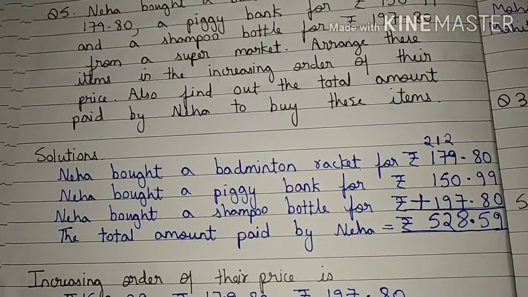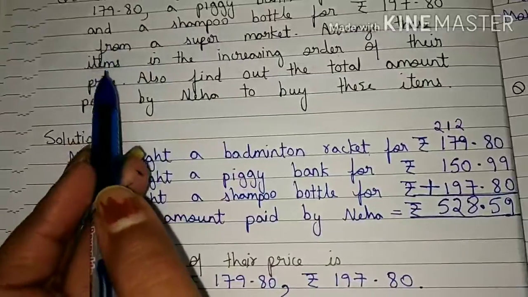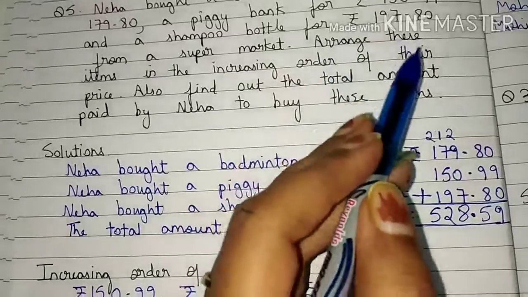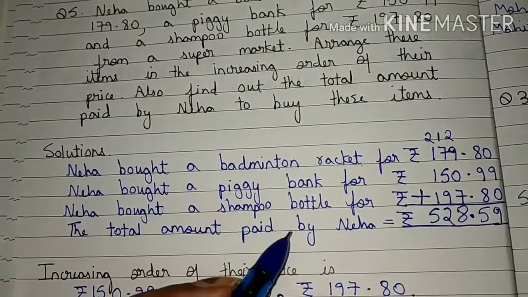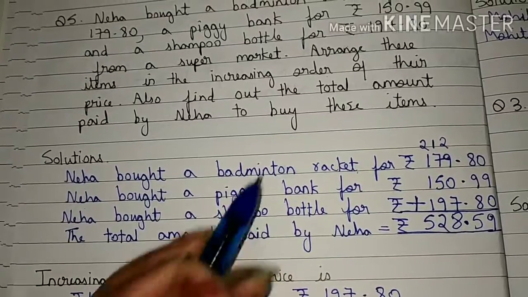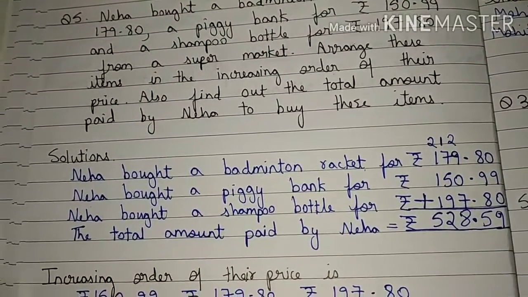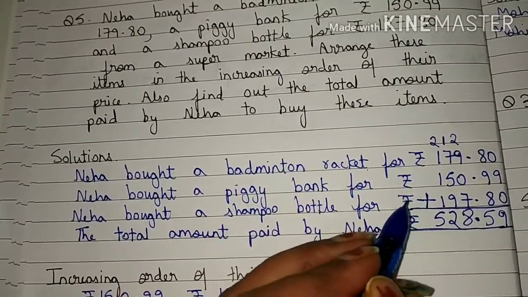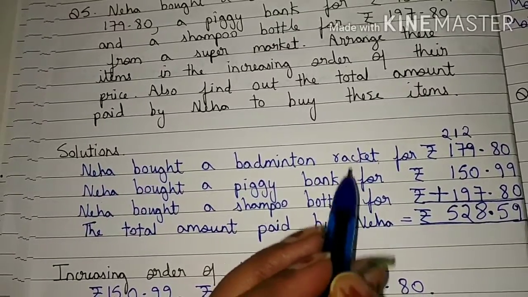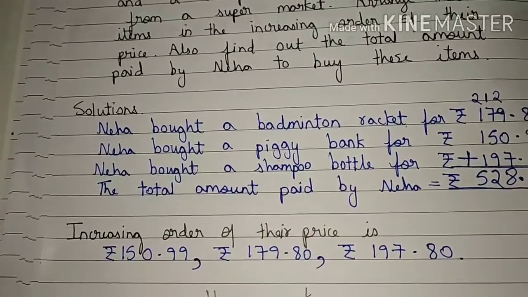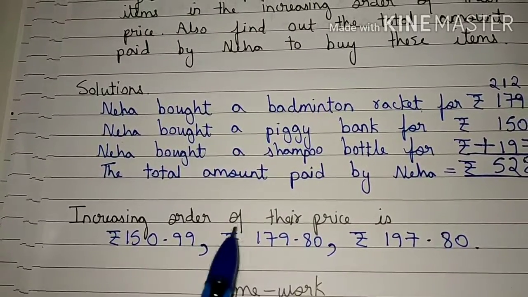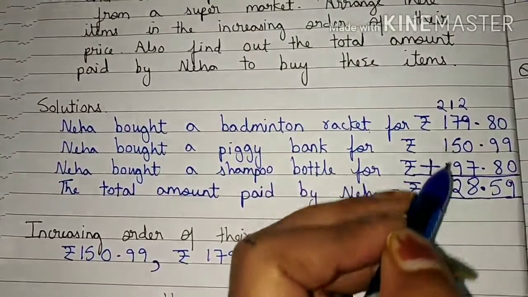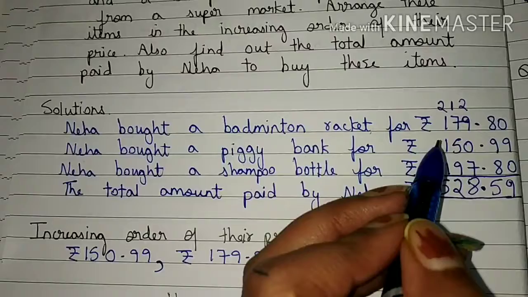Now students, look at the question again. Arrange these items in the increasing order of their price. It means we have to arrange the prices of these items in increasing order, that is from the smallest to the greatest. Now students, look here. Increasing order of their prices is, students, you can see among these numbers which is the smallest number?